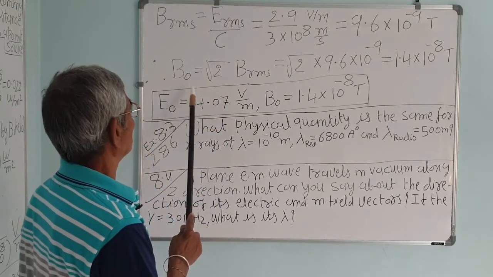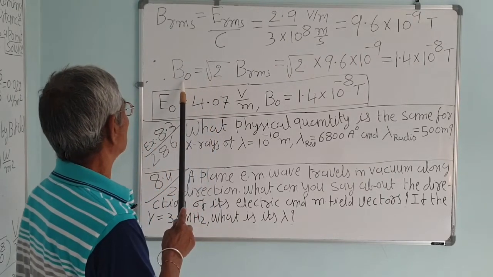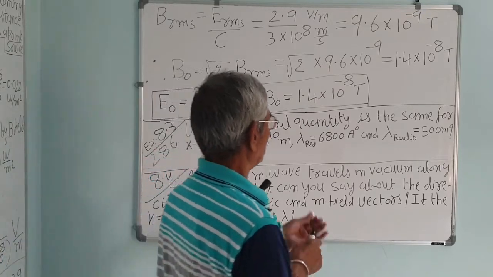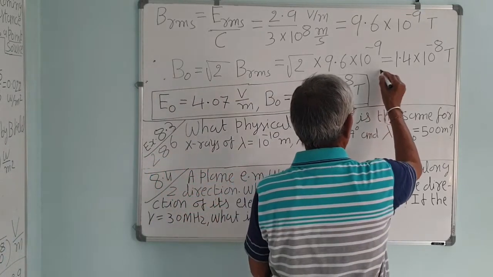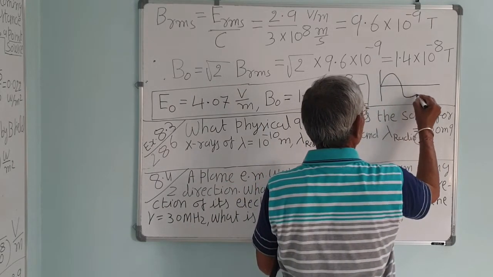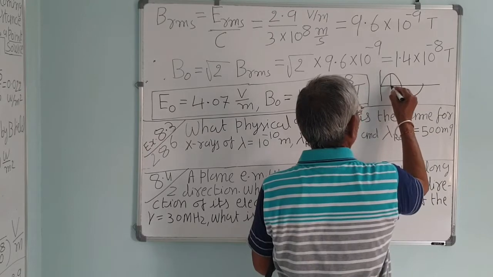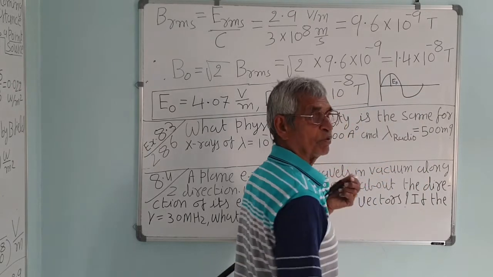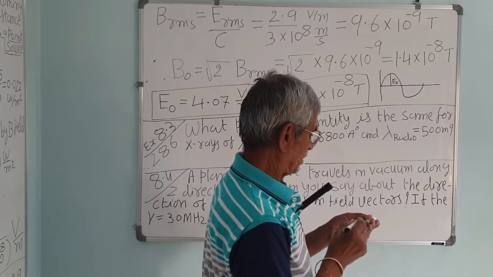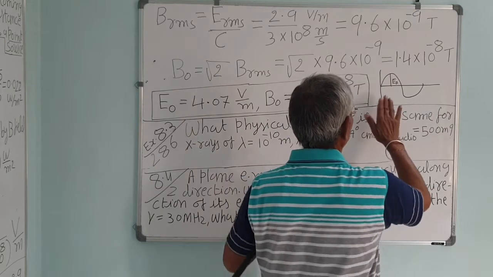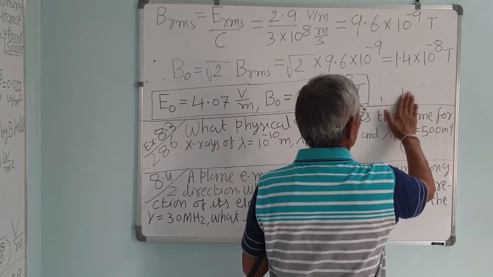Now B0 is the amplitude. Amplitude means maximum. We have already studied this in AC circuits. This is the maximum E0, and RMS is root mean square. The details are not in your course, but you have to use this relation. It is not the mean, nor the mean square.